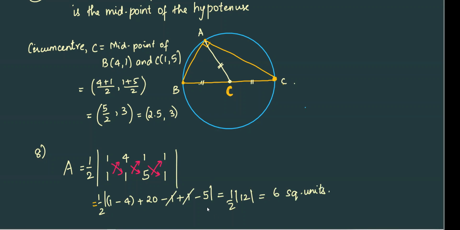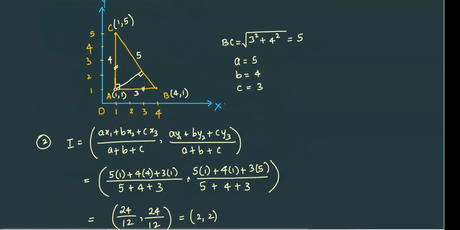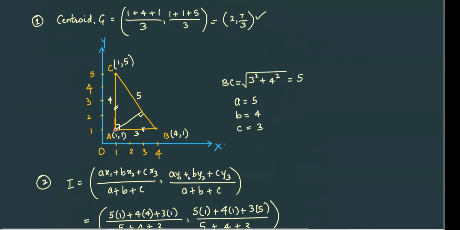Of course, because it's a right angle triangle, I will not use this formula. I will straight away use area is half base into height. For a right angle triangle, other than the hypotenuse, take any one side as the base, then the other side will be height. So AB is the base, then AC is the height.